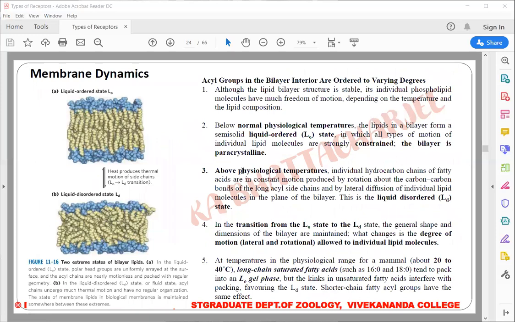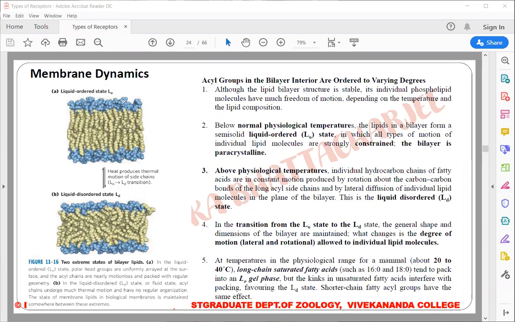Now moving on to the membrane dynamics. If we look into the two different states of the membrane, you can see that the membrane can exist in two formats. One is the ordered state, where the molecules are in a strict configuration. The bilayer cannot move within itself.